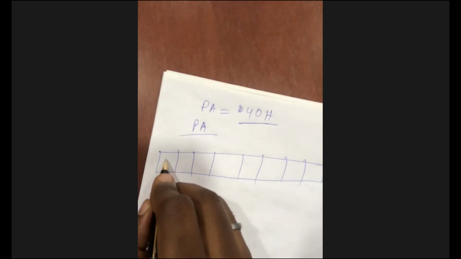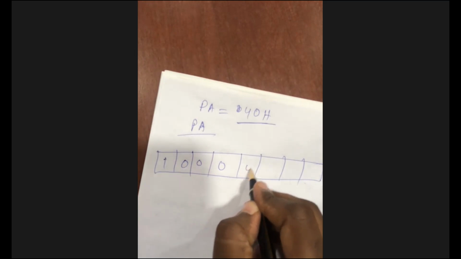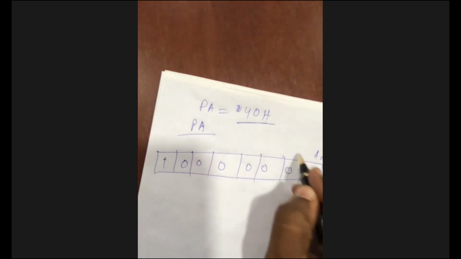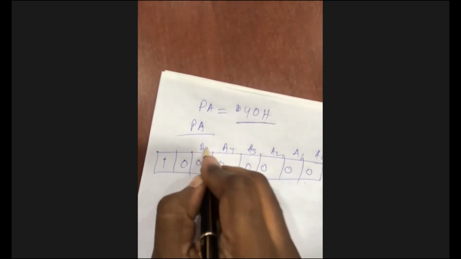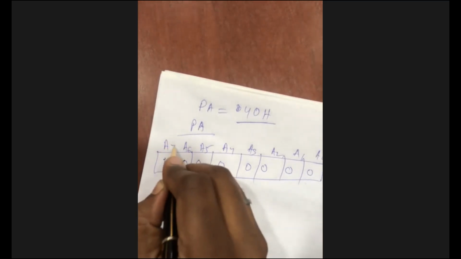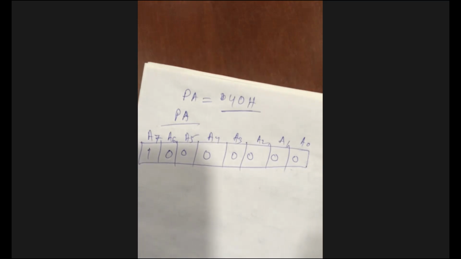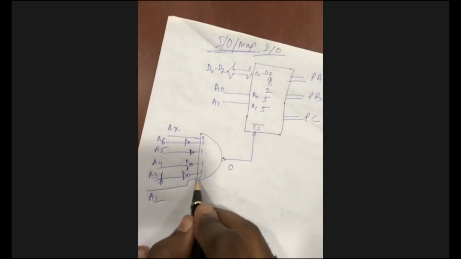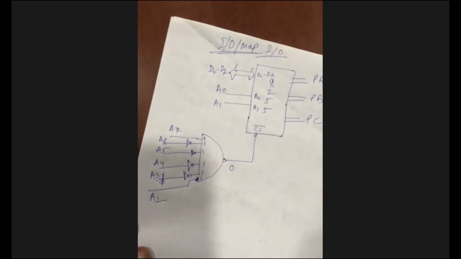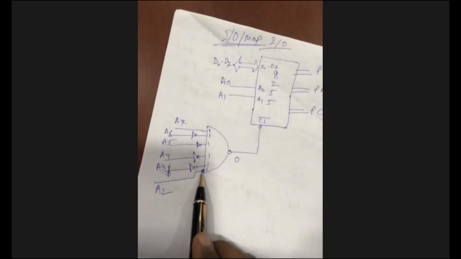It's 40. A0, A1, A2, A3, A4, A5, A6, A7. Am I right? Yes, sir. What will be the diagram? All are connected with NOT gates, except A7. A2 is also connected with the NOT gate.